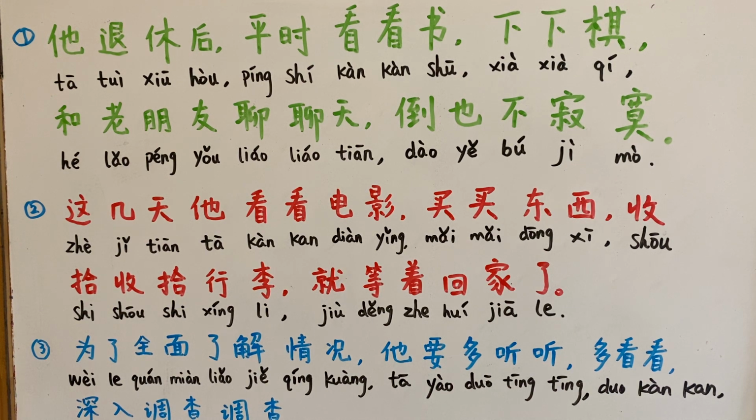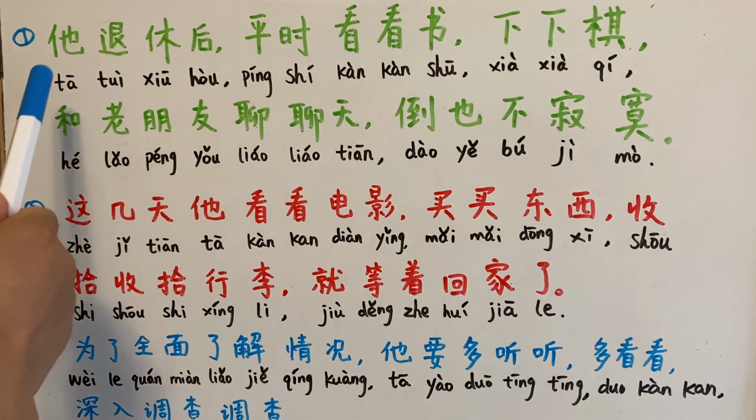If you can pronounce the sentence with the help of Chinese pinyin below the Chinese words, you can pause the video and have a try, and then compare my pronunciation with yours.